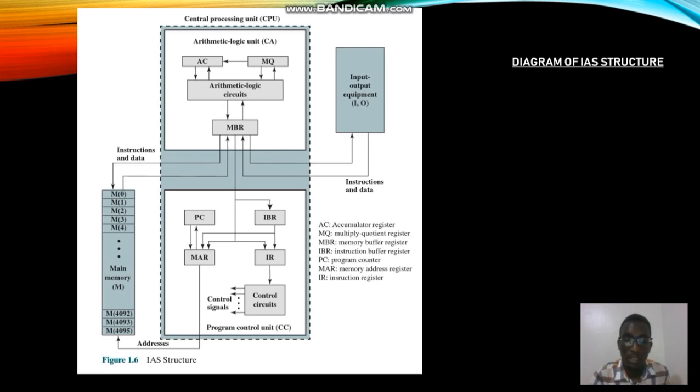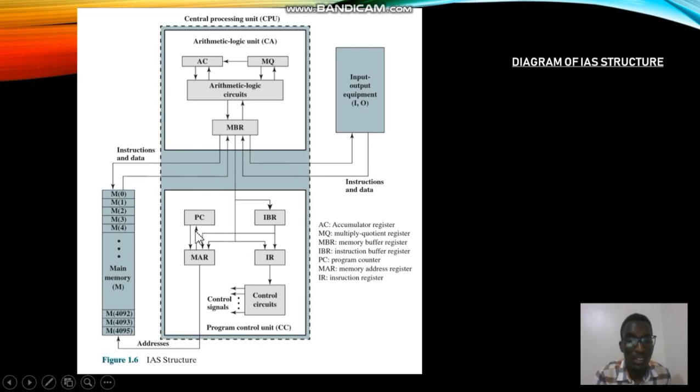The memory buffer register contained the data that was to be stored in memory, and it was then sent to the input-output equipment, which consisted of instructions and data from the memory buffer register. Then from the memory buffer register, it went all the way down to the memory address register together with the instruction register.